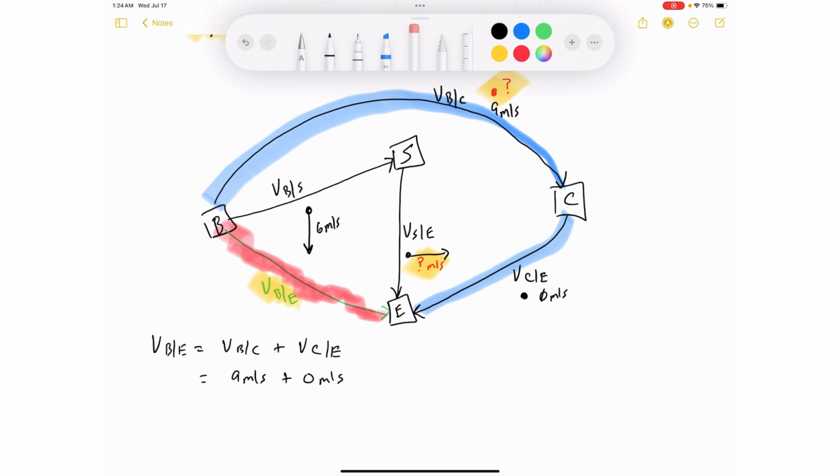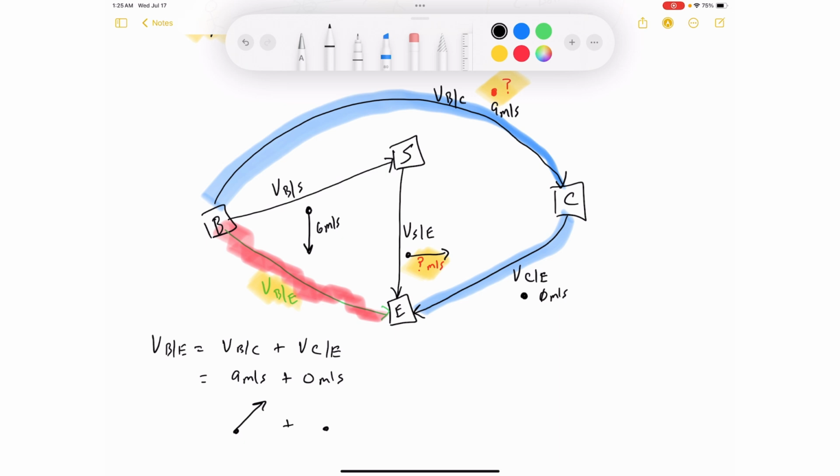The reason I can actually add these directly is because I was given the 0 meters per second, it's a 0 vector. So it's essentially nothing plus 9 meters per second. Whatever this 9 meters per second is, let's say it's going like that, we don't know where it's going. But the other one is just 0.